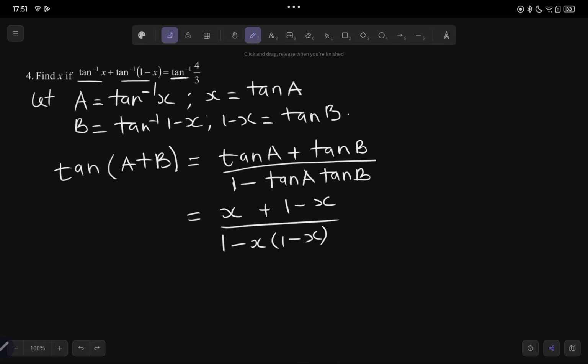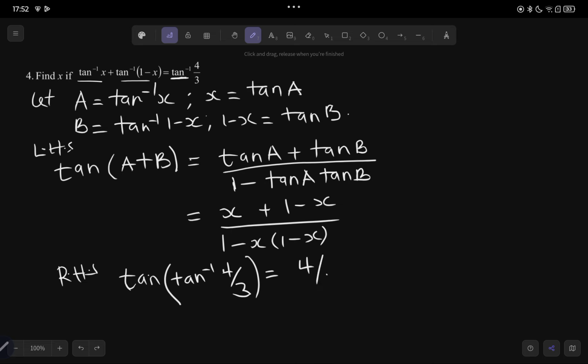Now, if we introduce tan on the left, we shall also introduce tan on our right hand side. So tan of tan inverse of 4 over 3 then gives us 4 over 3.